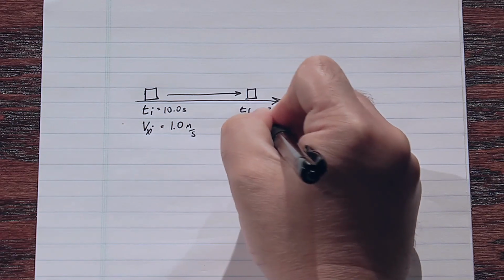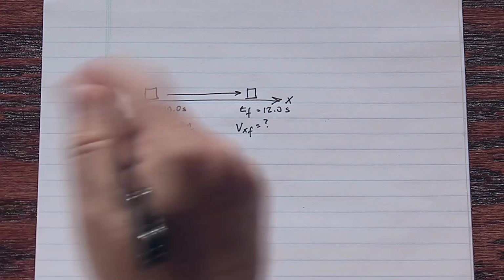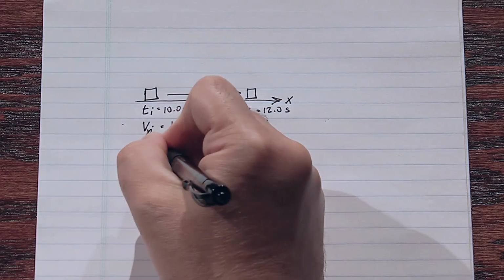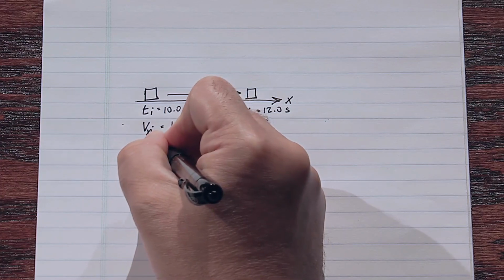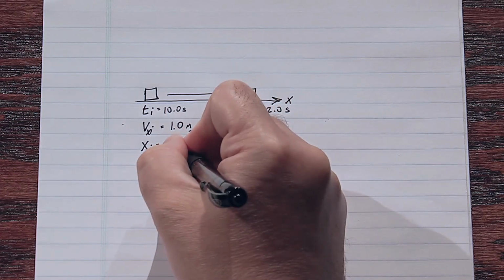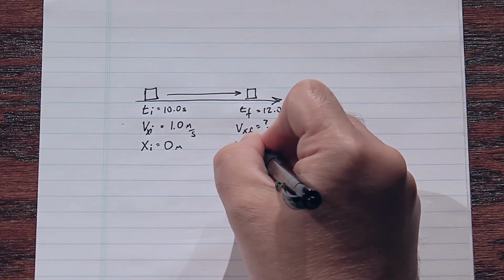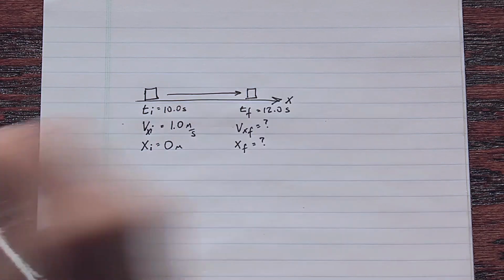Vx final, we don't know. We can also call our initial position x initial. We can set that to 0 meters. And x final, we don't know.